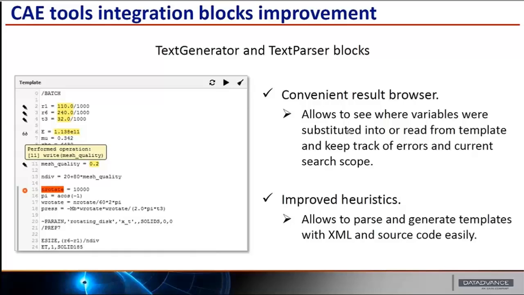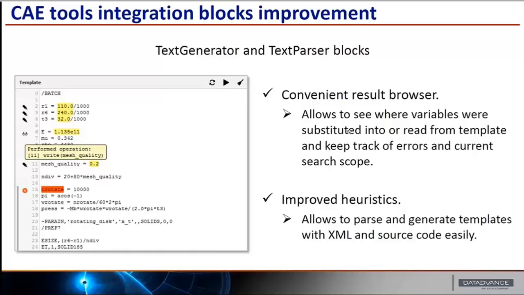These blocks are usually used together with a ShellScript block to integrate some CAE or external solver into the workflow. The rules for searching, substituting, and extracting are specified by means of so-called operations. These operations are generated automatically when you select the text inside the template or can be edited manually.